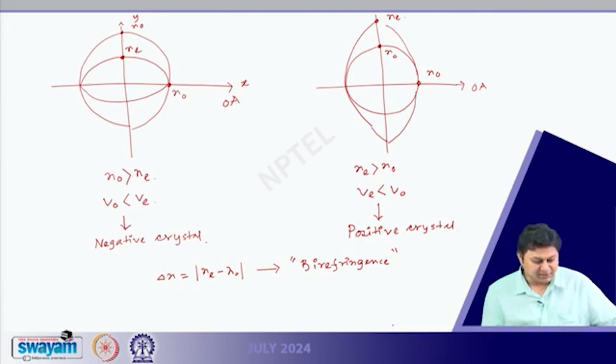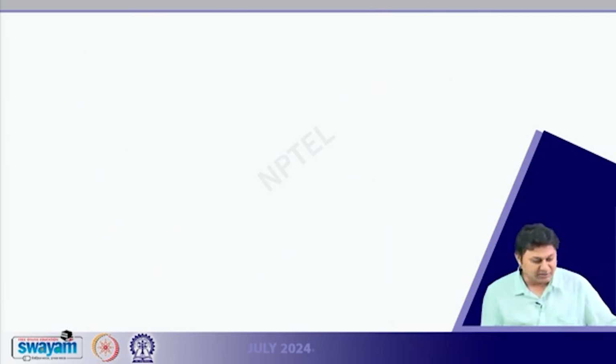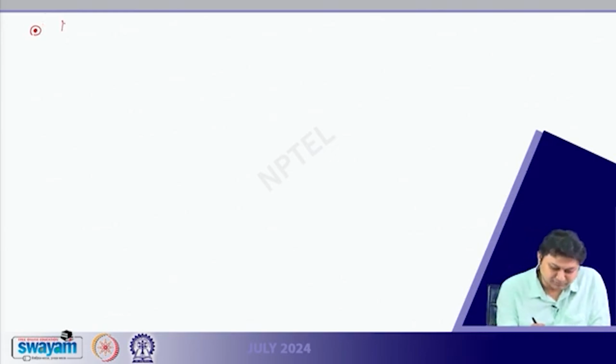Well, that was what we did in the last class. After that, we are going to understand how a polarized light can be analyzed. To understand this technique of analyzing polarized light, we need to understand a system called the Nicol prism.